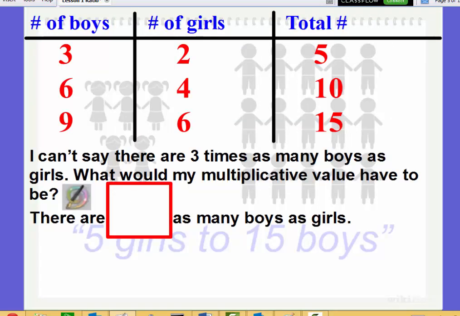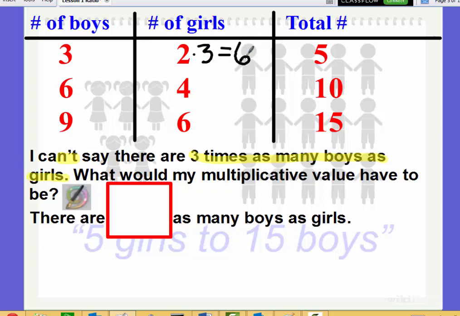Okay, so here's my table again. Let's look at this question. Why can't I say there are 3 times as many boys as girls? What would my multiplicative value have to be? Let's really take a look at what this question is saying. Well, if there's 3 times as many boys as girls, that means that whenever I have a number here, I should be able to multiply it, and that would give me my boys.